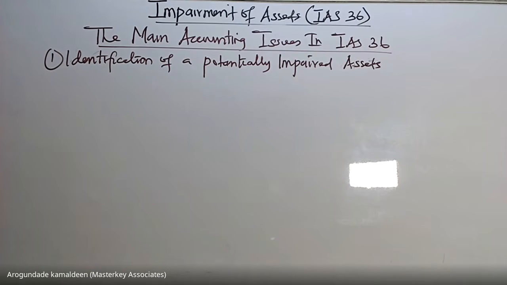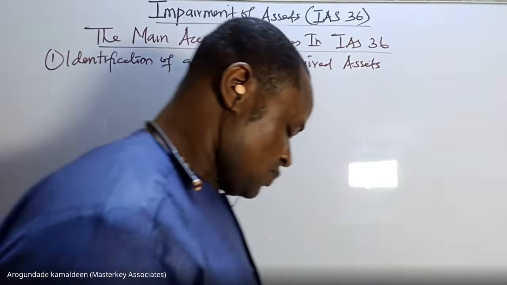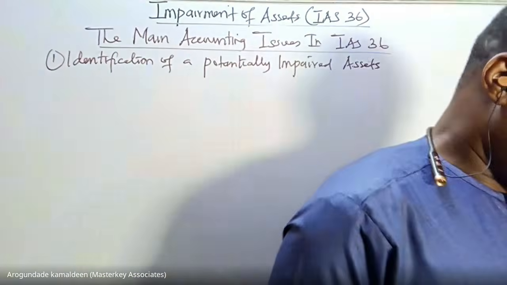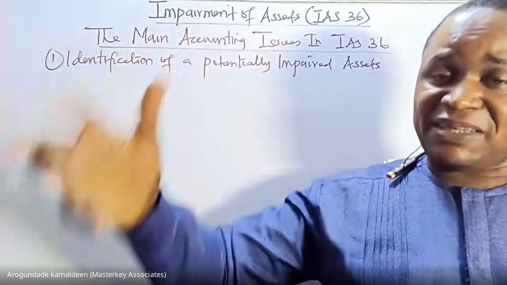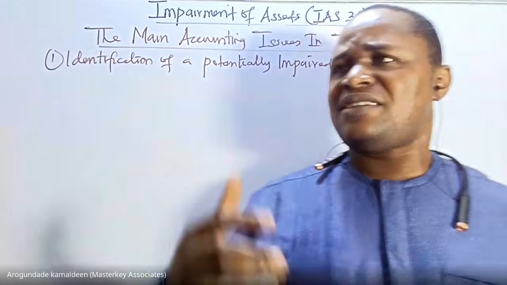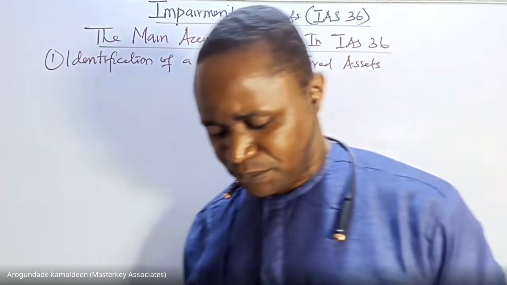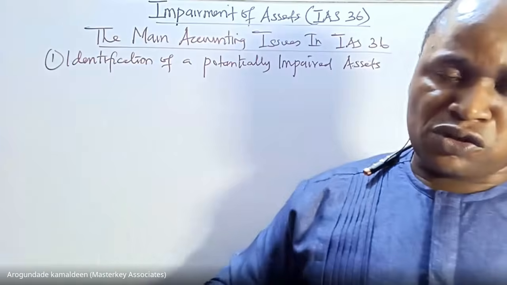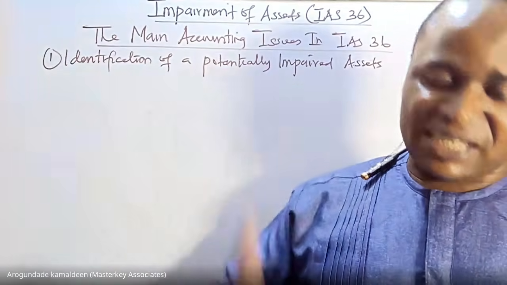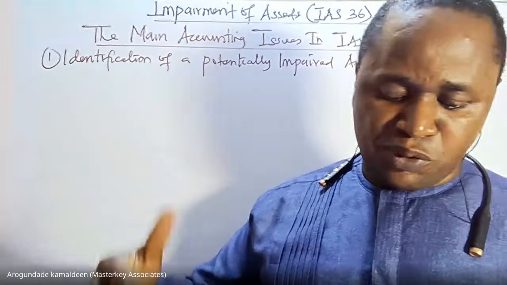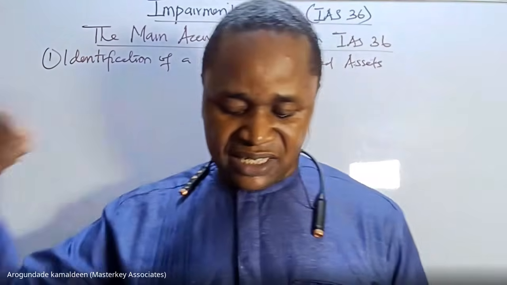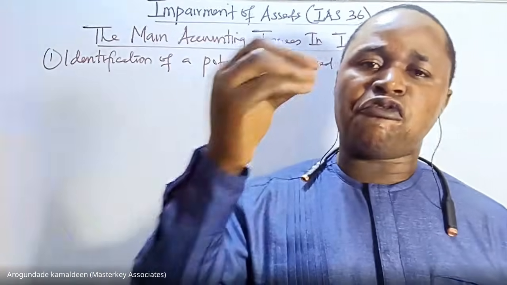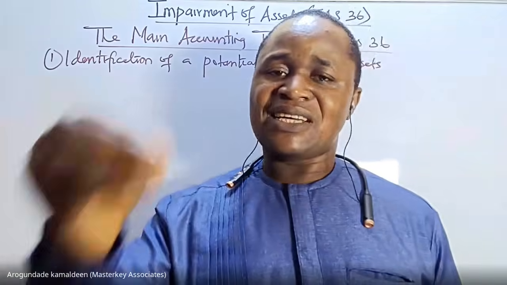Now, if you assess and discover possible signs or indications that this asset may be impaired, what are you supposed to do? The standard says if there are possible indications of impairment at the end of the accounting year, make a formal estimate.